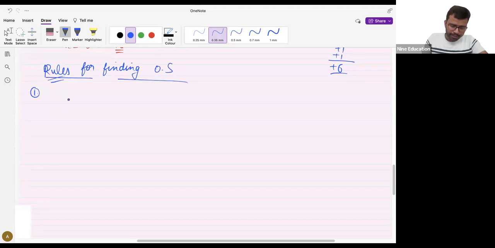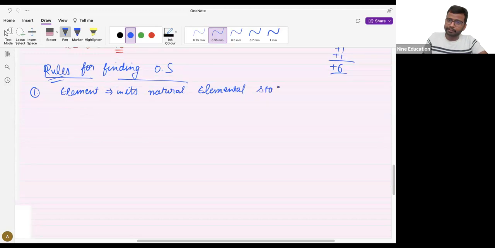First rule: if any element is in its natural elemental state, which is that state which we can get directly from nature, its oxidation state will be 0.